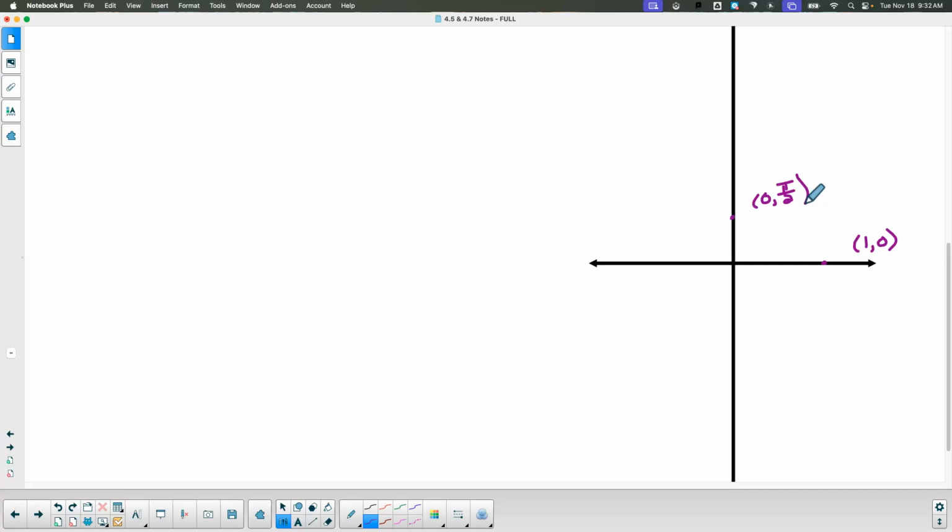Pi, comma negative 1 becomes negative 1, comma pi. Three pi over 2, comma 0 becomes 0, comma 3 pi over 2.